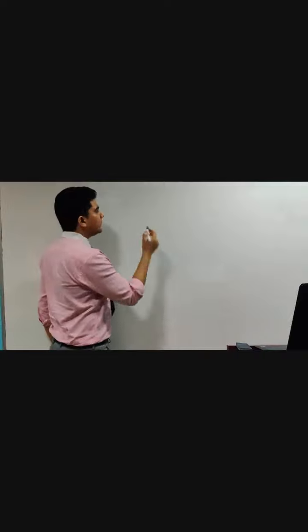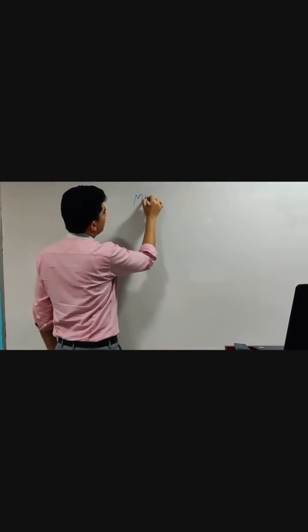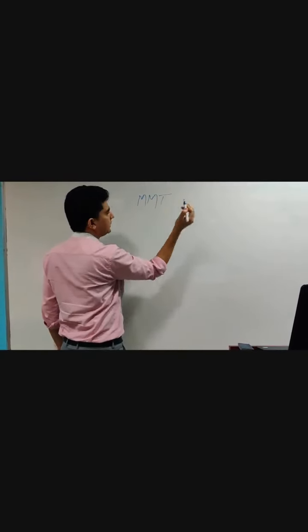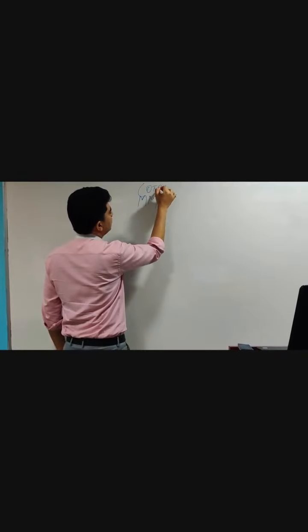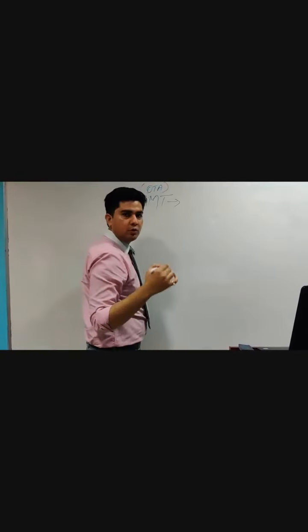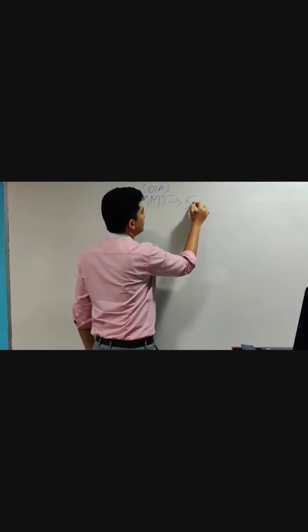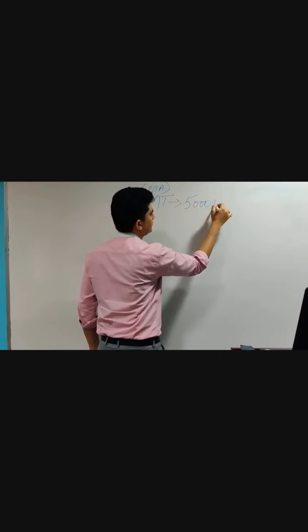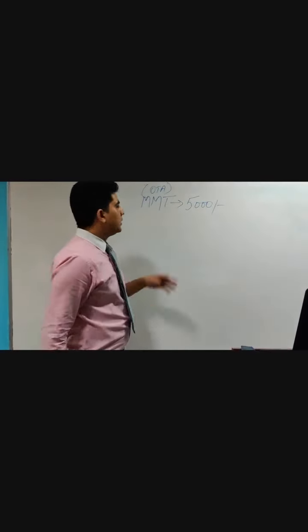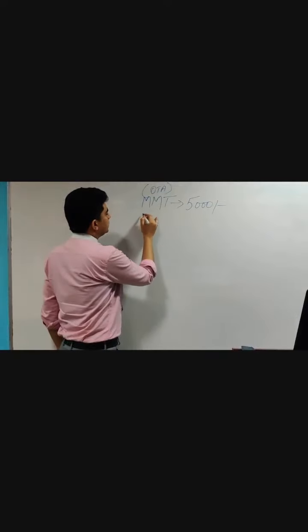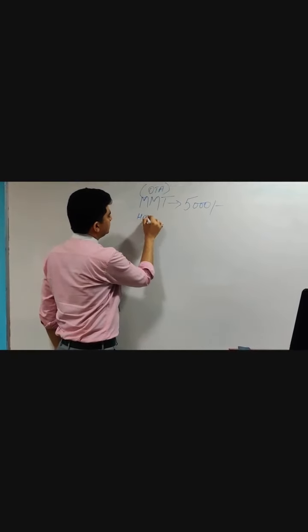I'm taking an example of Make My Trip. Make My Trip, MMT, the domestic OTA, is selling your hotel room at 5,000 rupees. Your hotel website also sells it at 5,000.